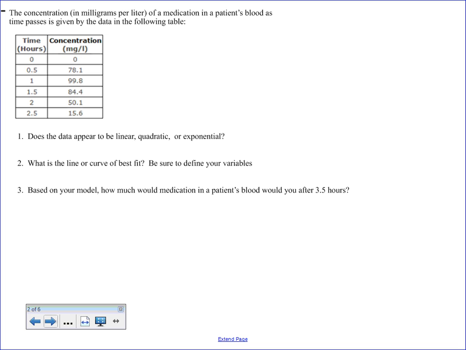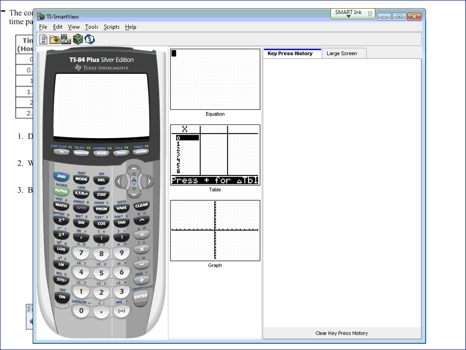So the first thing we're going to need to do with this table is to put the data into the calculator. So we'll bring up our calculator, and we're going to put the data in. In order to put the data in, we're going to click Stat, Edit, and we will put the time in L1.